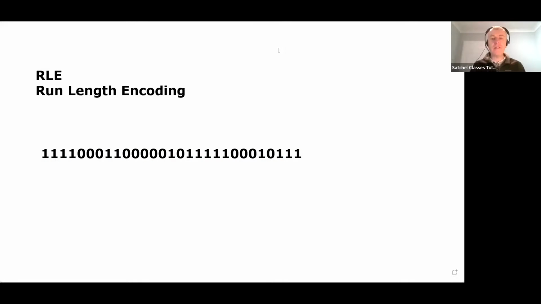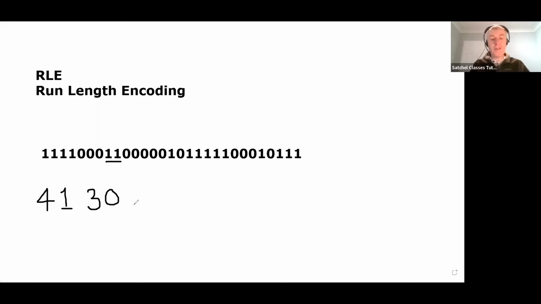Now, the way we do it, we start at the beginning and start looking for repeating characters that are the same. In this case, we have 4 ones, so that's what I'm going to write. Next we have 3 zeros together, so 3, 0. We carry on this method.